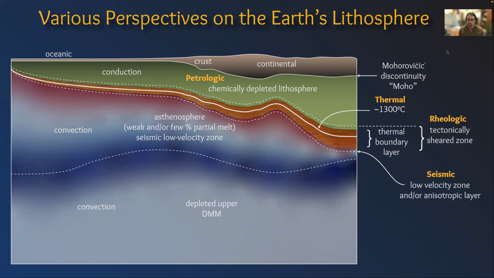There's a seismic lithosphere, which is separated from the convecting mantle by a seismic low velocity zone. And there's the thermal lithosphere, which many people attribute to the 1300 degree C isotherm or something thereabouts, which represents a thermal boundary layer between the conducting lithosphere and the convecting mantle.